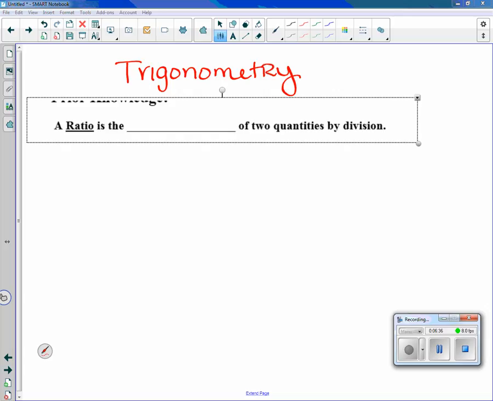A ratio is the comparison of two quantities by division. So if I said there are 6 girls to every 12 boys in this class, that means the ratio is 1 girl to every 2 guys. Okay? It is a ratio. It's 1 to 2, 1/2. Write this down.